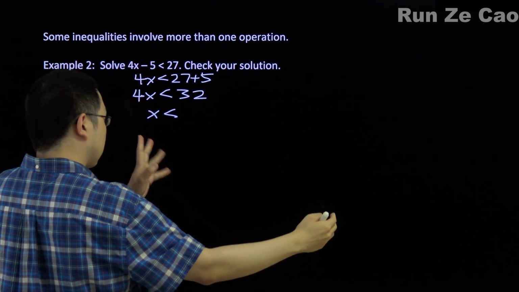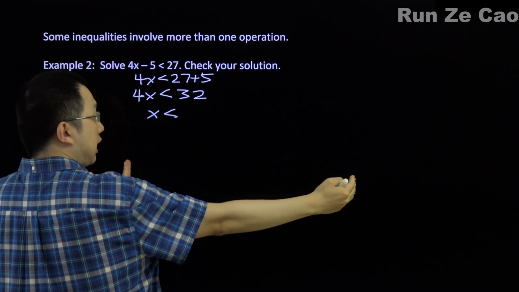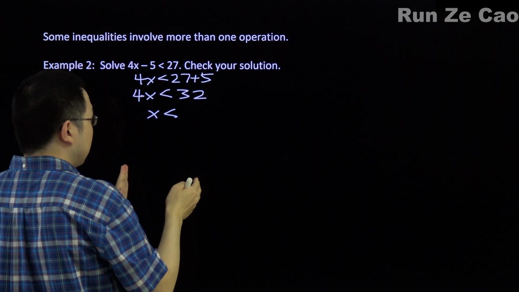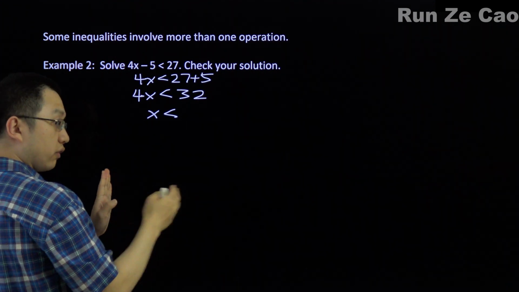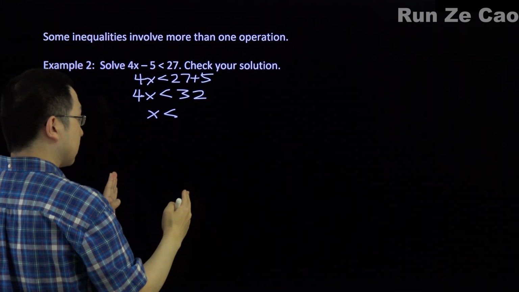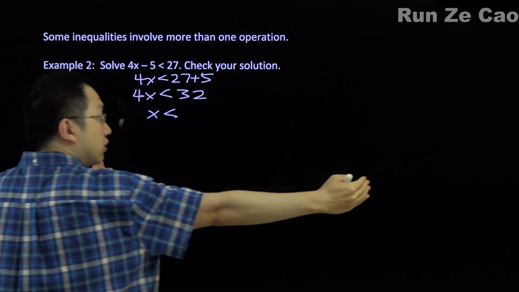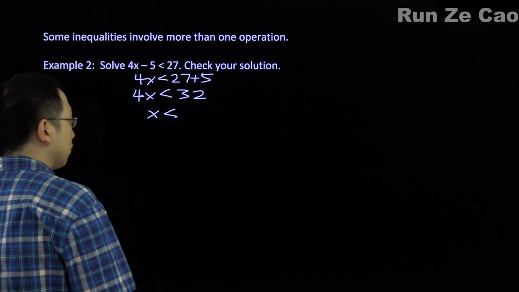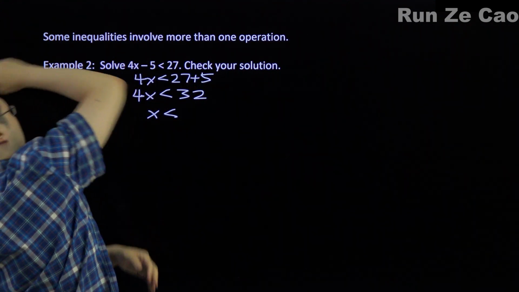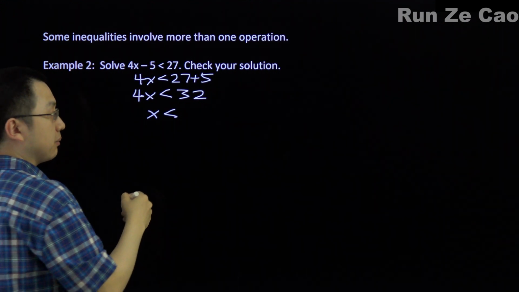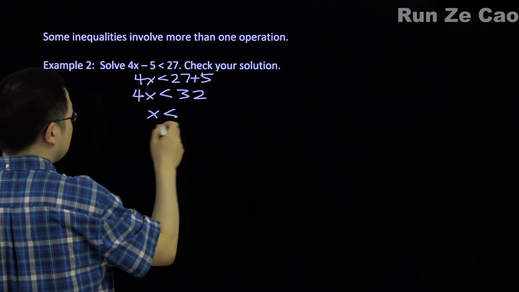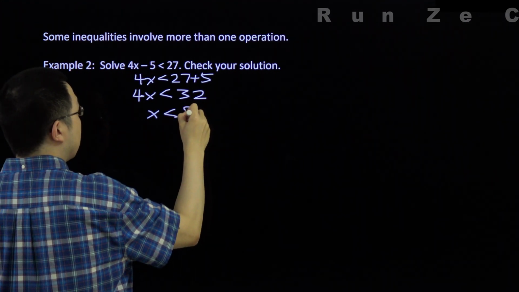Okay, that's fine, but 0 is over here. And x is then going to be less than a quarter of 32. 0 is over here, and this is where x is. Okay, that's still fine. You're just compressing. You're not flipping it over, which would happen if you're multiplying or dividing by a negative. So x is less than 8.